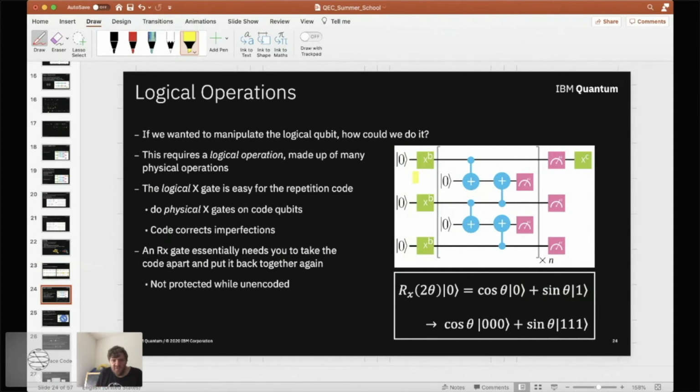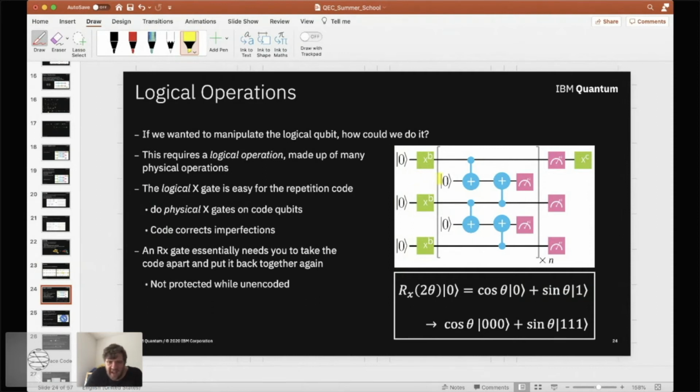So we would not just be doing an X operation on our logical information, but also any imperfections in the way that we perform that operation are removed by the same error correction process, which is keeping the qubit clean. So this is a logical operation. It is a perfect operation on our perfect qubit, which is awesome.